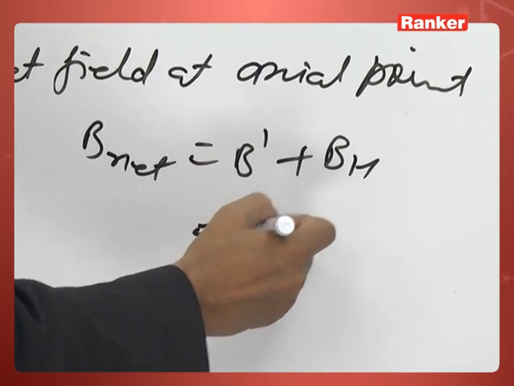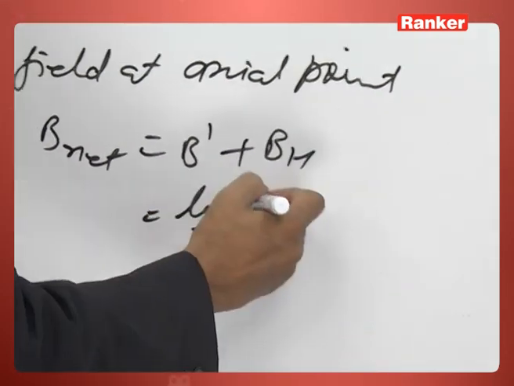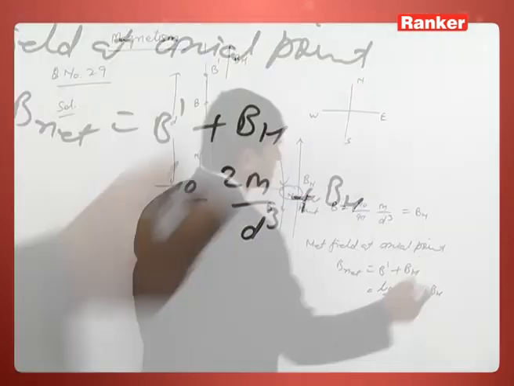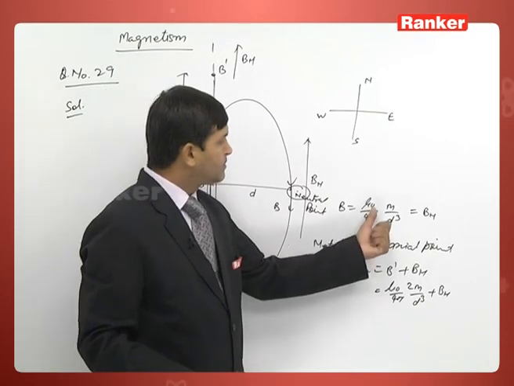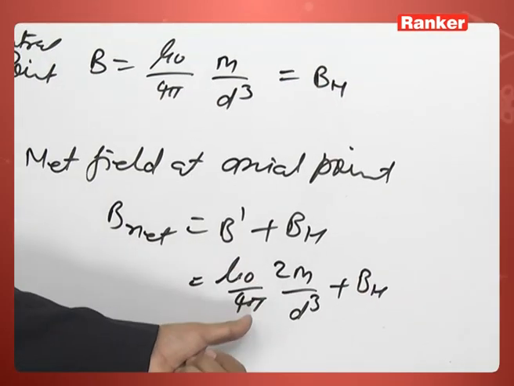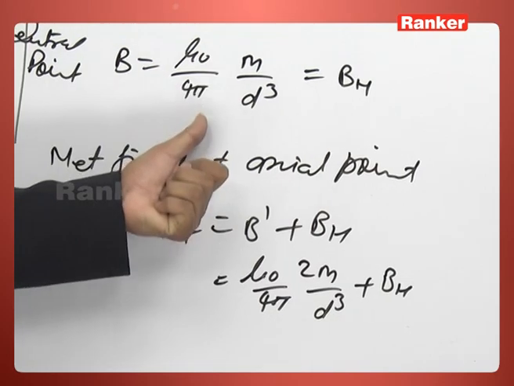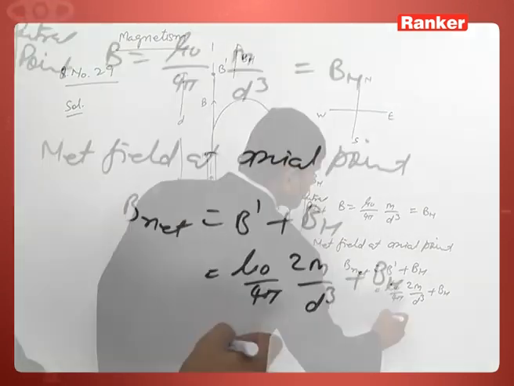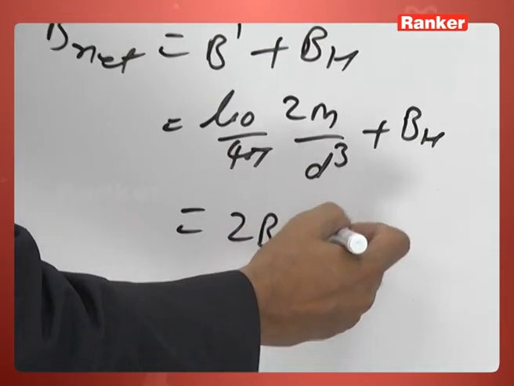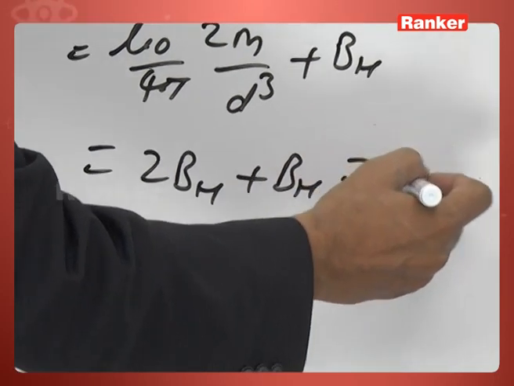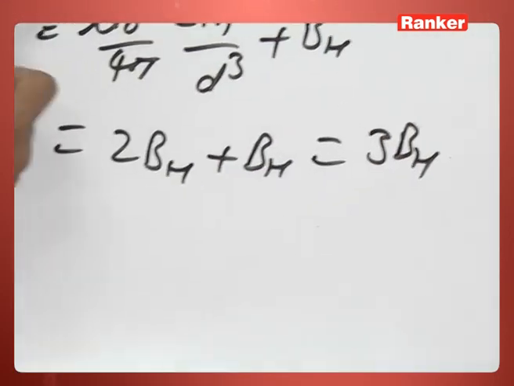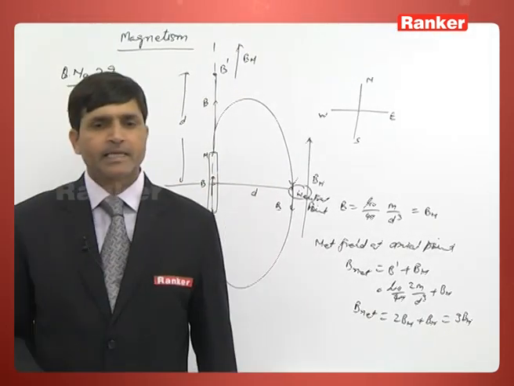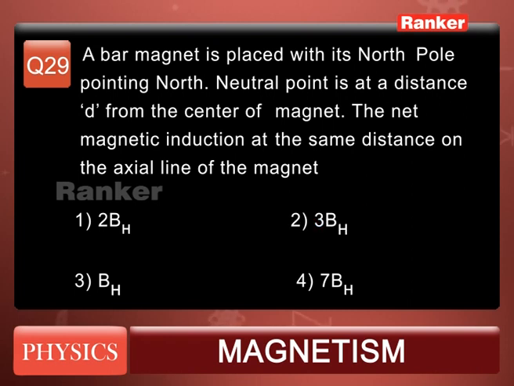B dash is mu naught by 4 pi 2m by d cube, plus BH. As we derived earlier, mu naught by 4 pi m by d cube is BH. So 2 times this becomes 2BH, plus BH, the net field is 3BH. This is the resultant field on the axial point. So our correct option here is option number 2.